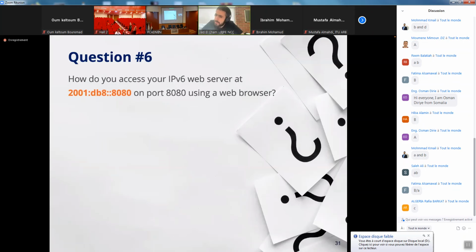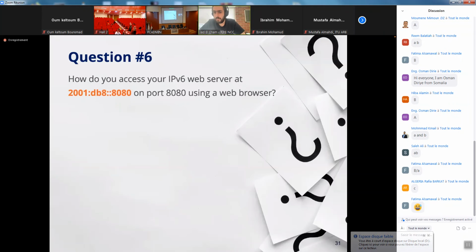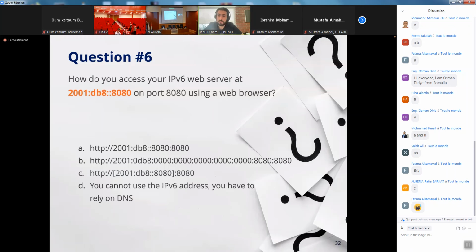And the last question, now it's a little bit different. Let's say you have a browser, a service, and you would like to access this IP address using the port 8080. How do you write it in your web browser? Okay, so these are the different options. I'm going to give you 1 minute so that you can think of it. And there's only one correct answer here.